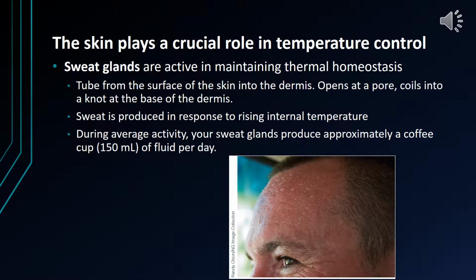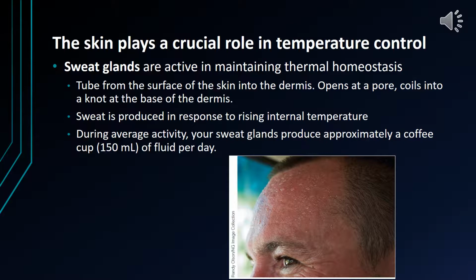The skin plays a role in temperature control, and one of the ways it does this is through the actions of sweat glands, which help to maintain thermal homeostasis. These glands are tubes from the surface of the skin, which end at the dermis.